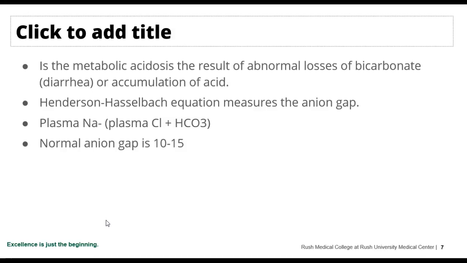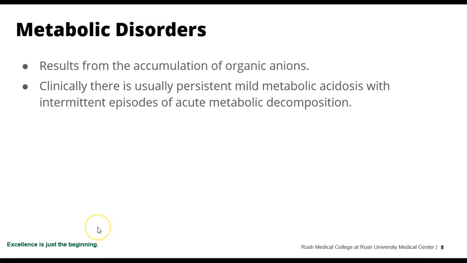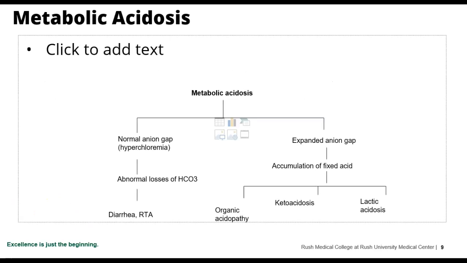It's plasma sodium minus chloride plus HCO3, and normally it should be between 10 and 15. When it's elevated, we start thinking about organic anions. So a metabolic disorder results from the accumulation of organic anions, and clinically, again, usually there's a mild acidosis even when the child doesn't look that sick.